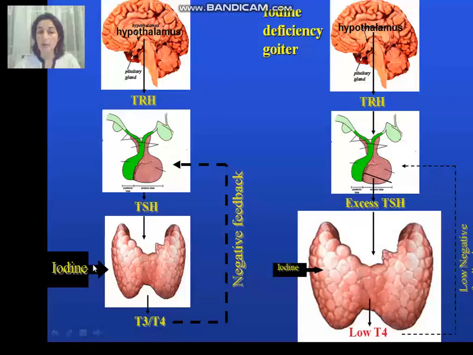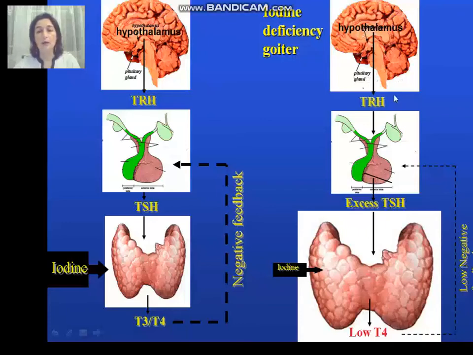The iodine is taken up from the blood circulation, and the gland produces its hormone. If the hormone is enough in the blood circulation, it will have negative feedback on the hypophysis that will inhibit production of TSH. But if there is iodine deficiency, which will lead to goiter, it will lead to what?